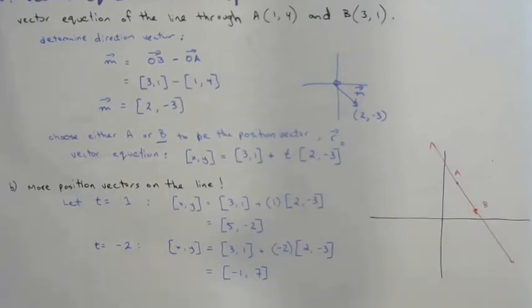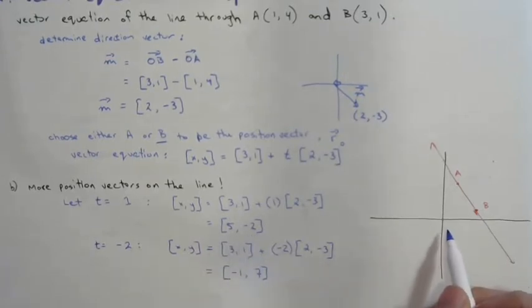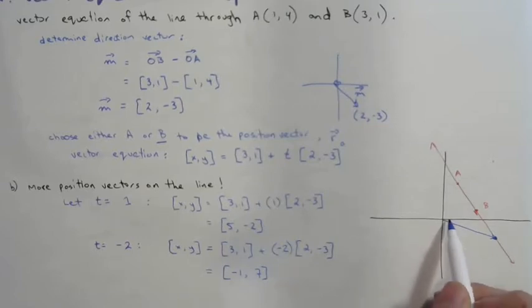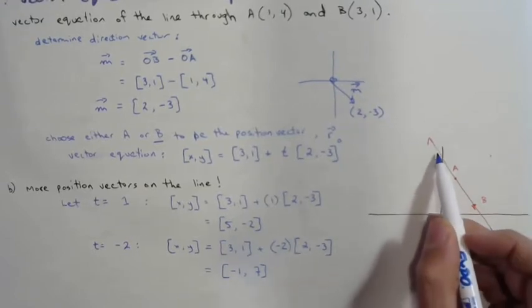I've now also found out, let me just label this point B. I've also found out that the point 5, negative 2 is on the line, making this one of our position vectors that hits the line. And also we did negative 1, 7. So negative 1, 7. Boom.